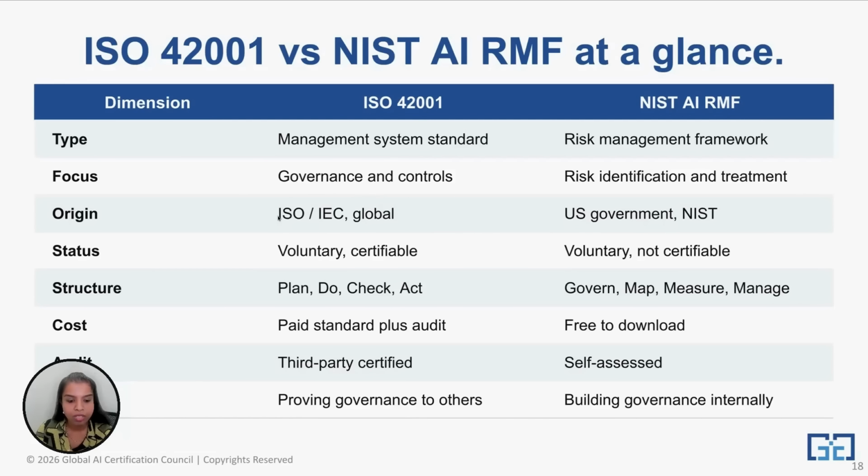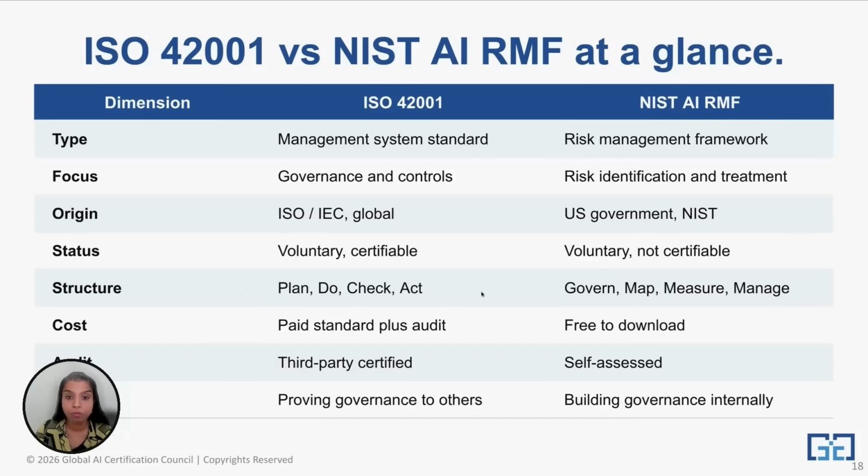ISO 42001 is by ISO or IEC, and it's a global certifiable standard. But NIST is by NIST, and it is applicable to US government only. Both NIST and ISO are voluntary frameworks, but ISO 42001 is certifiable, whereas NIST RMF is not certifiable.